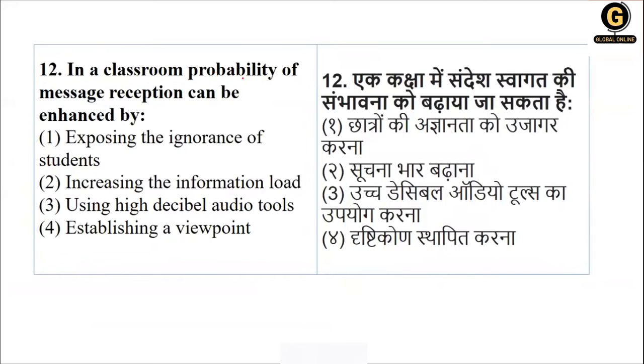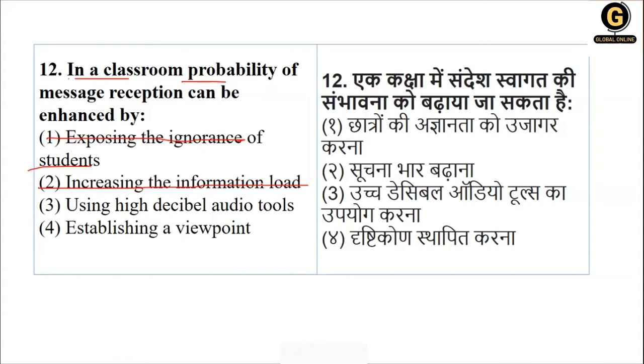In a classroom, probability of message reception can be enhanced by, like for example, the meaning of this question is: in a classroom, what are the chances that message reception is enhanced by what? By which thing can it be enhanced more? Exposing the ignorance of the students is negative, so definitely it is not possible. Increasing the information load will not work, because the more information load you add, the more difficult it will be for the student to digest.